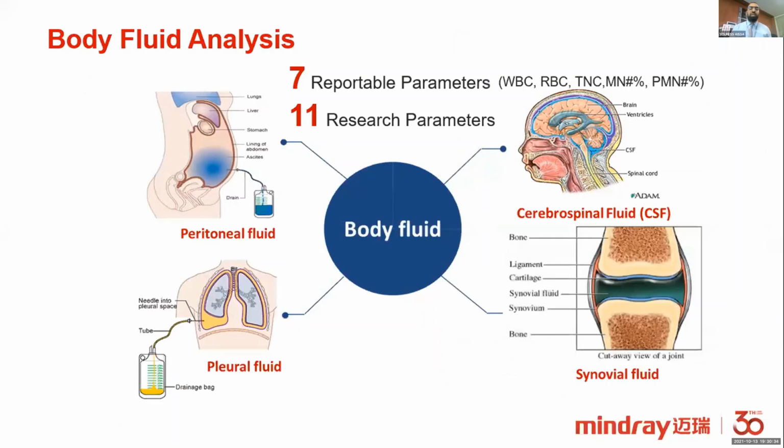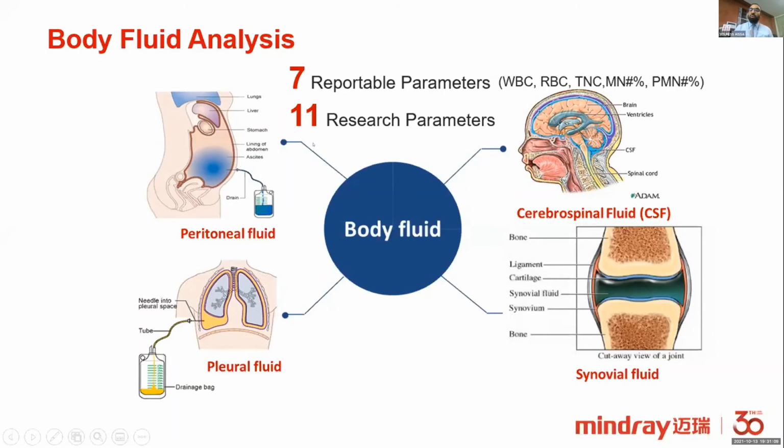Now let's move to body fluid measurement. We can count 4 kinds of body fluid samples, for example peritoneal fluid, cerebrospinal fluid, synovial fluid, and pleural fluid. For all these kinds of body fluid, we can report 7 parameters, including WBC, RBC, total nucleated cells, and also mononuclear and polynuclear cells with the count and also the rate.